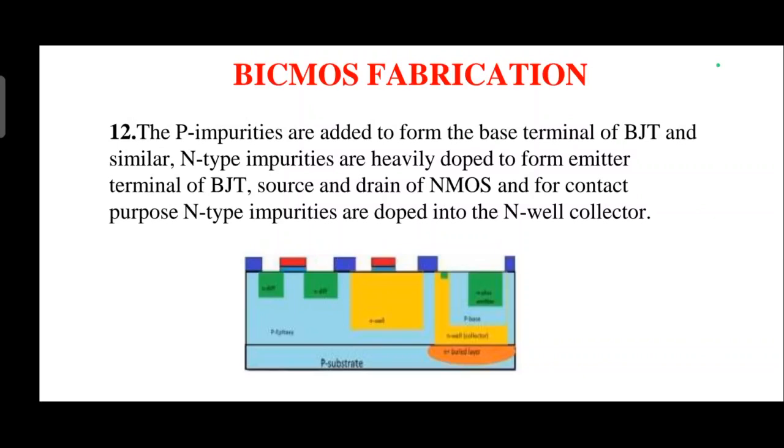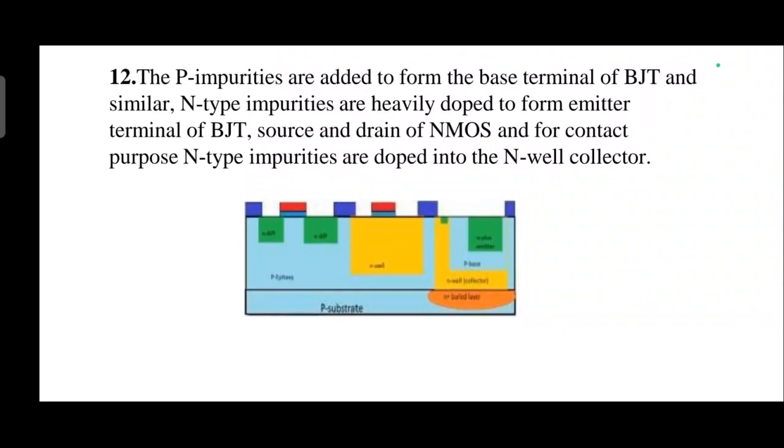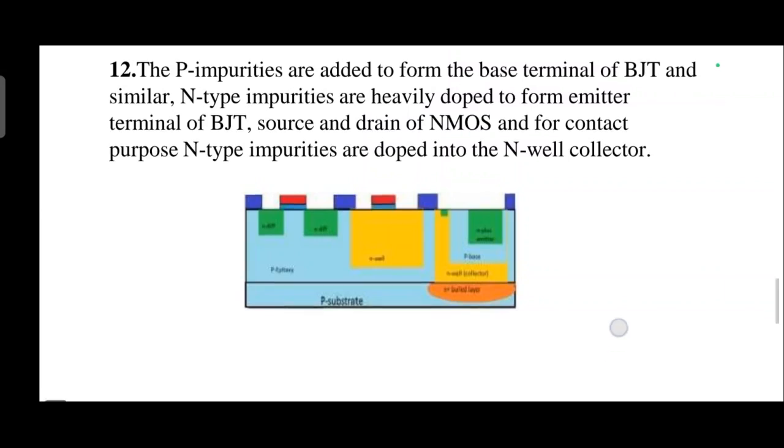After that, since the source and drain terminals of the NMOS transistor also should be made of N-type impurities, we will carry out this diffusion process to form them as well. And then we will form the N-type collector inside the N-well, where we have formed the N-type emitter, which is a part of the bipolar transistor.